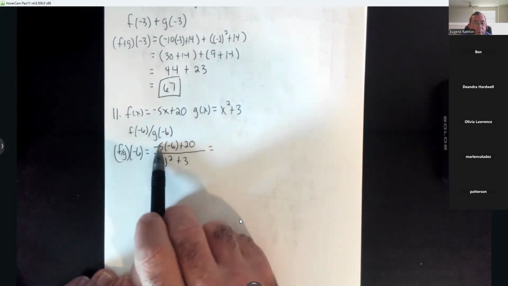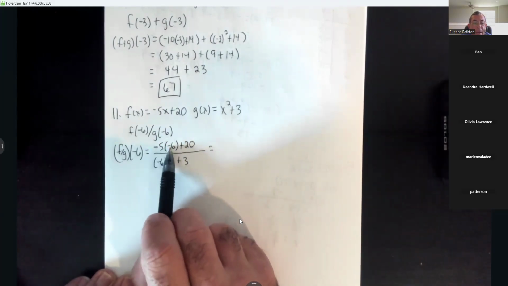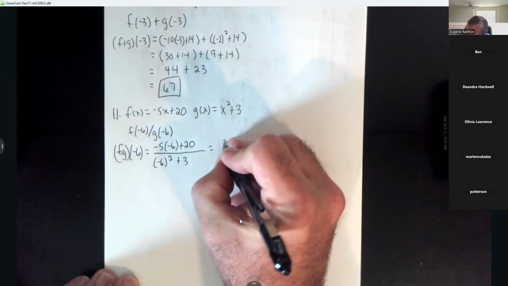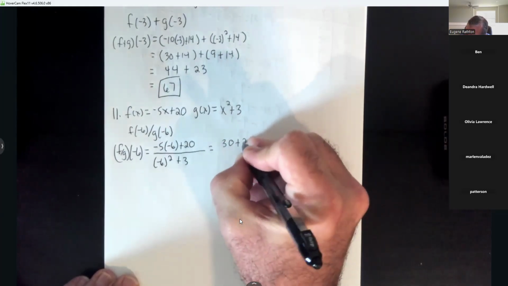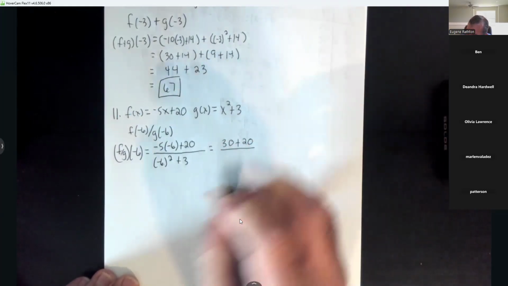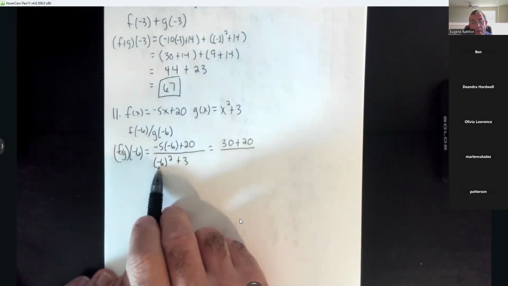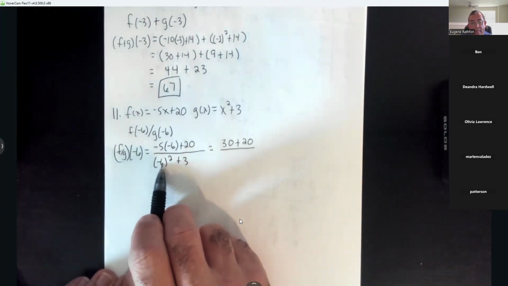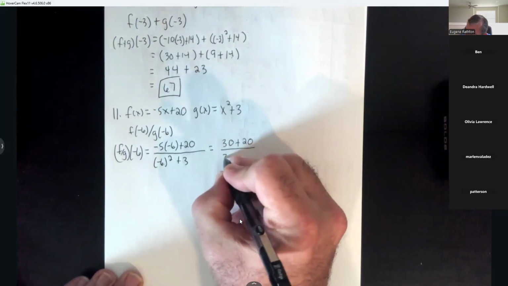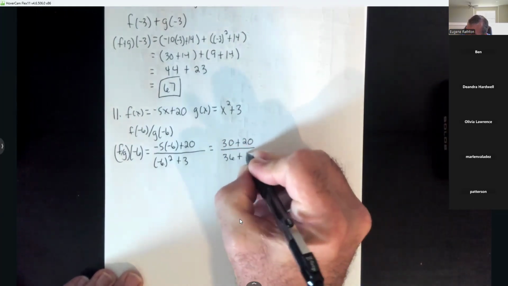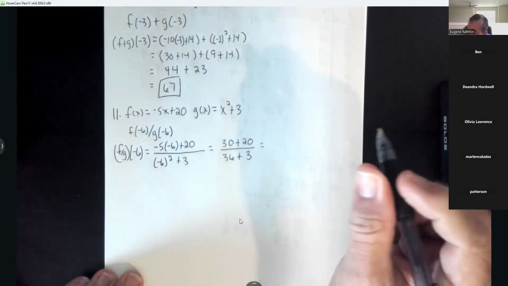So on top, I'm going to multiply first. Negative 5 times negative 6 is 30 plus my 20. Negative 6 squared on the bottom: negative 6 times negative 6 is a positive 36 plus 3.